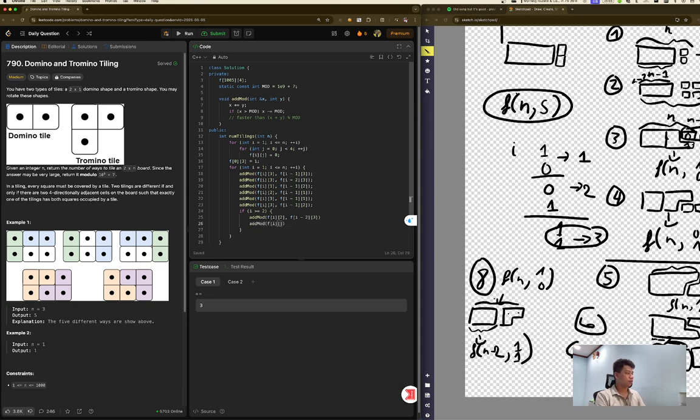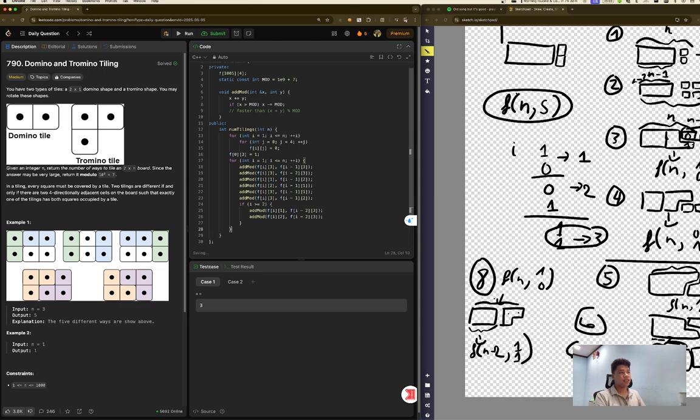We can swap it. F(n-2) and the state is 3. And the answer is F(n) where we fill up to the end column with the fully filled state, that is 3. Okay, that's this case.